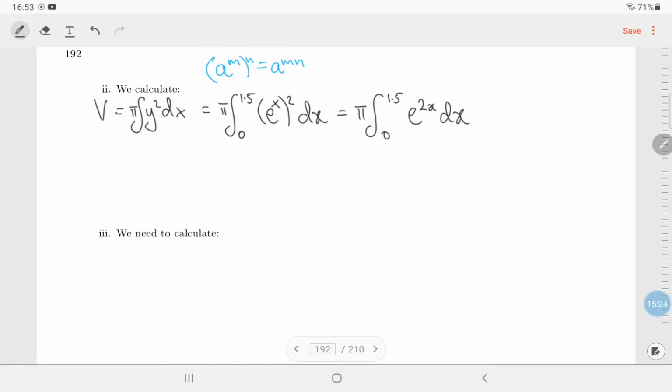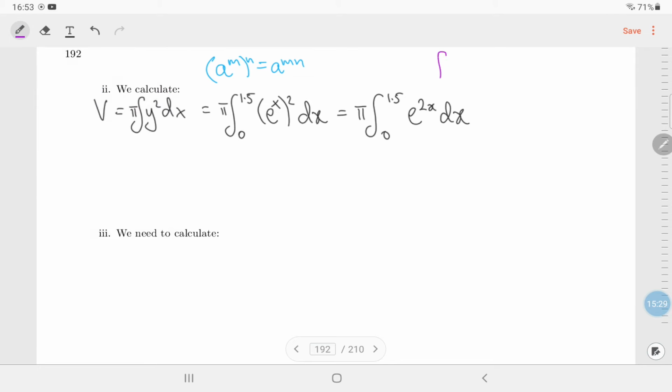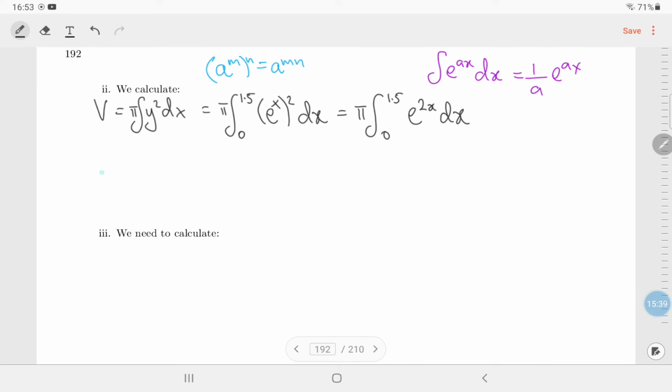And now you're in the table. So what does the table say? The table gives us that the antiderivative of e to the ax dx is equal to 1 over a e to the ax. So we can use that here. So you get pi, and the antiderivative of e to the 2x is 1 over 2 e to the 2x, from 0 to 1.5.